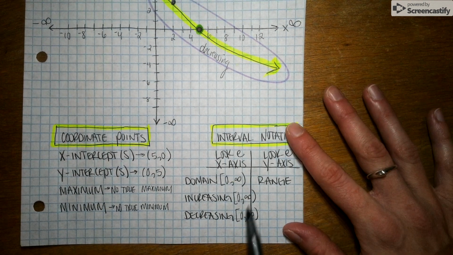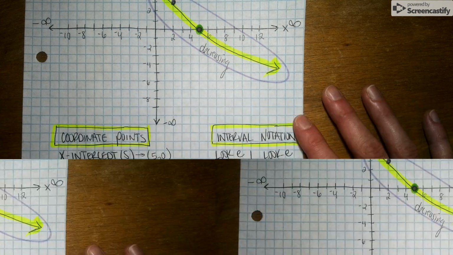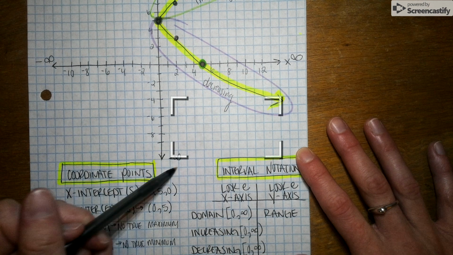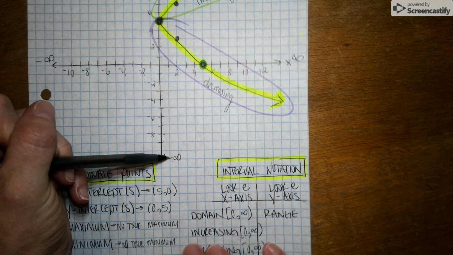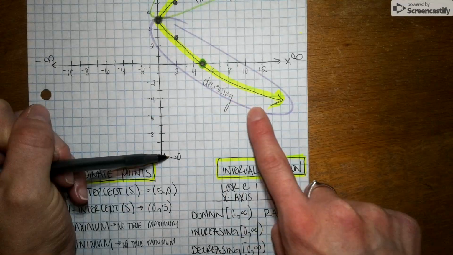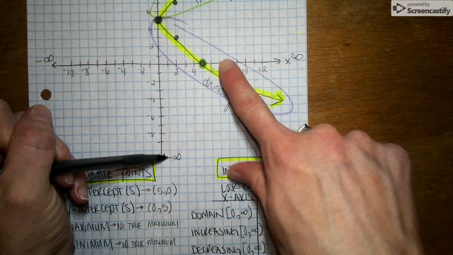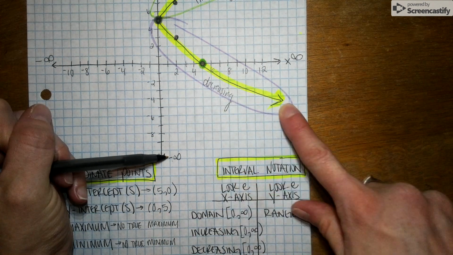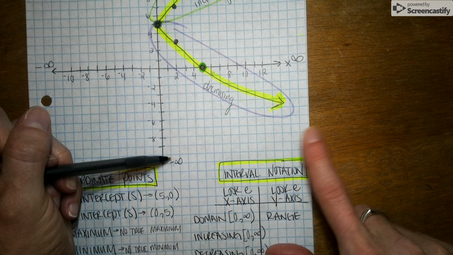Finally then, in order to come up with my range, I need to look at my y-axis. So again, like an elevator, we start way at the bottom, we start at negative infinity. And what I can see is when I start at negative infinity, my graph continues on forever down in this direction. So it's going to decrease forever and ever and ever until it hits negative infinity. So my range has to start at negative infinity.